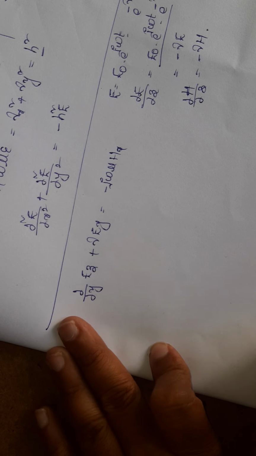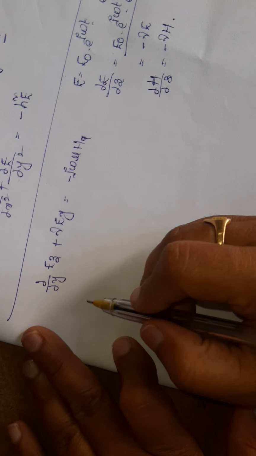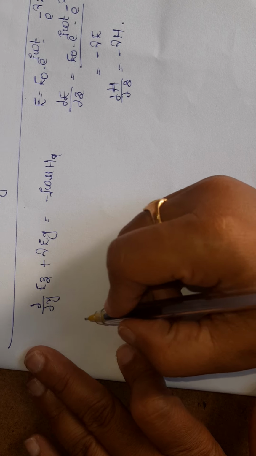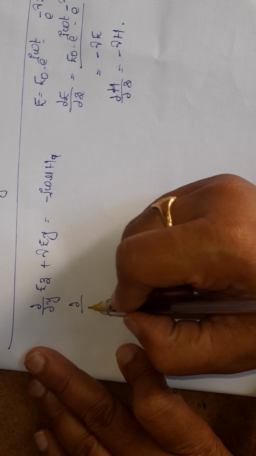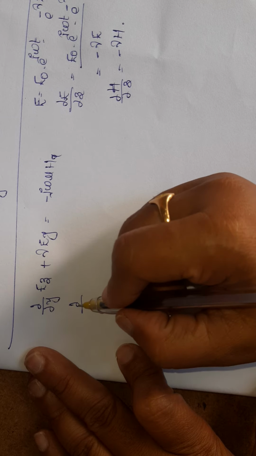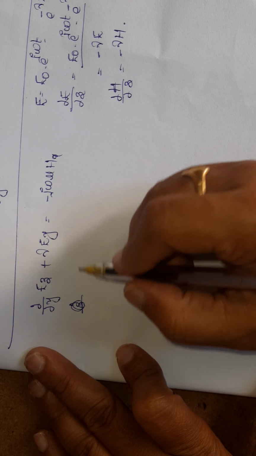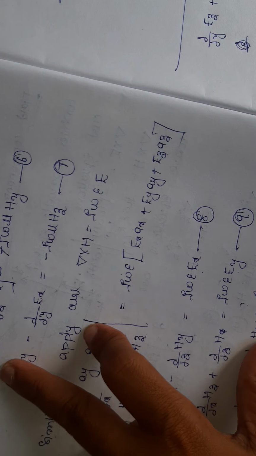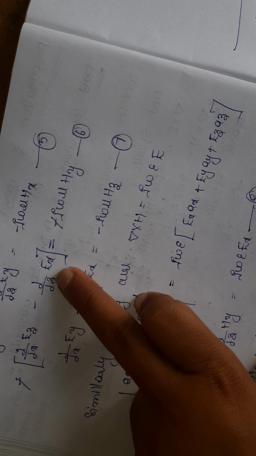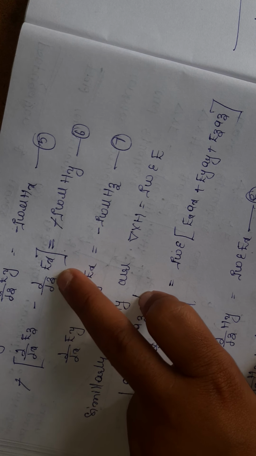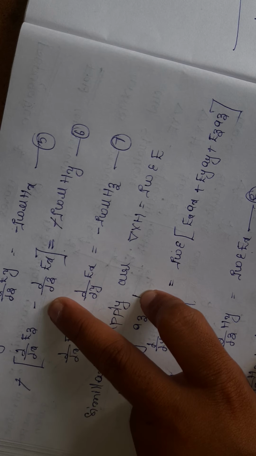Next, similarly, the next equation. In equation 6, I am having ∂/∂z of Ex. This ∂Ex/∂z can be written as minus γEx. Minus of minus will become plus.